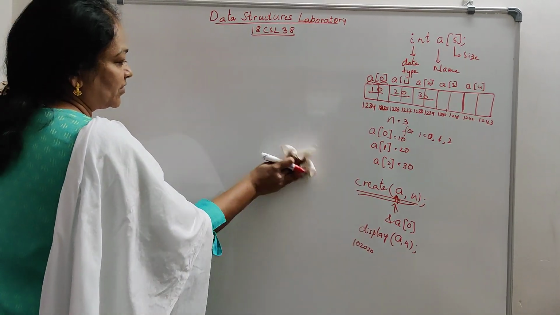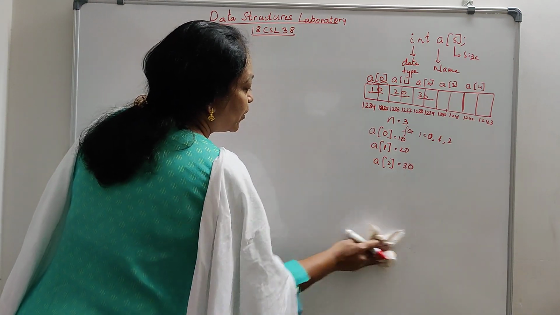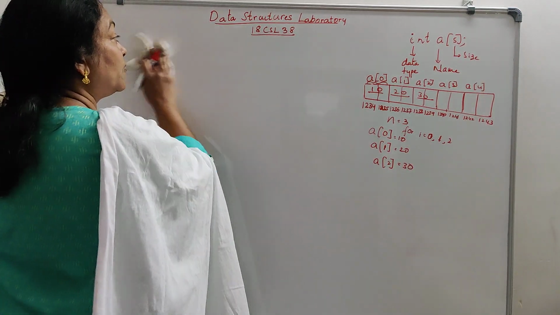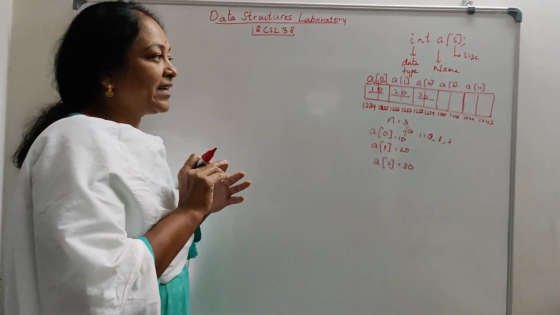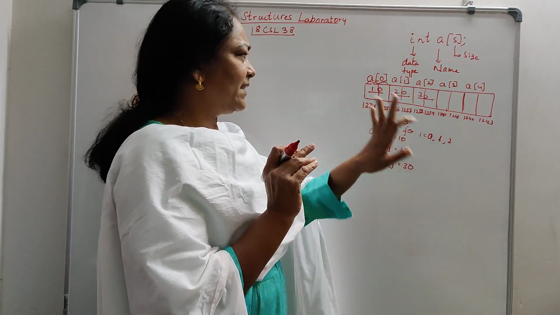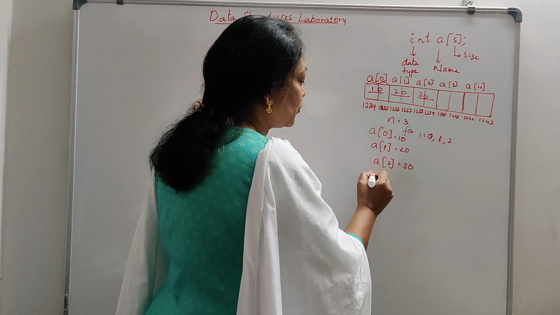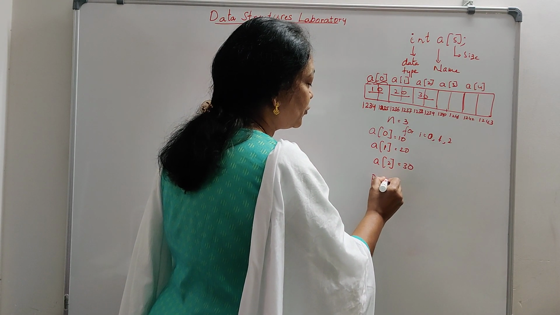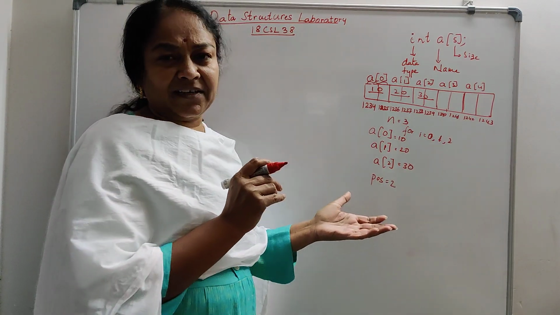Insert function. So what is an insert function? What are the inputs we need for this insert function? Suppose that this is the existing array. I want to add one element and I need to add that at position 2. There are so many ways of writing the same program.